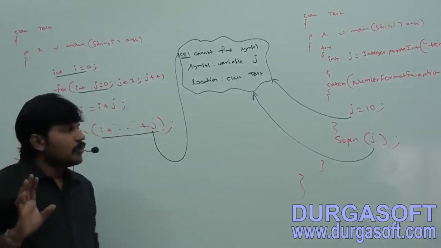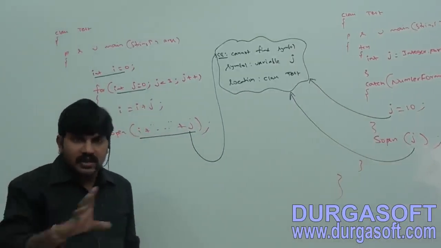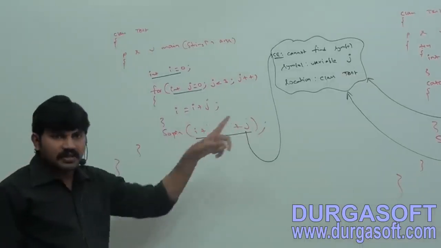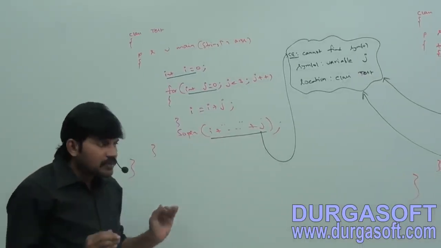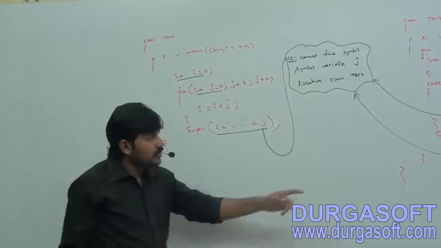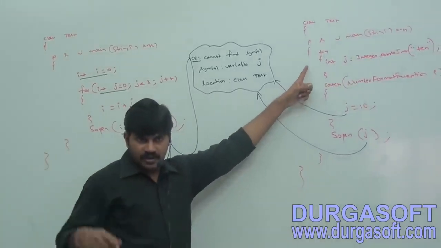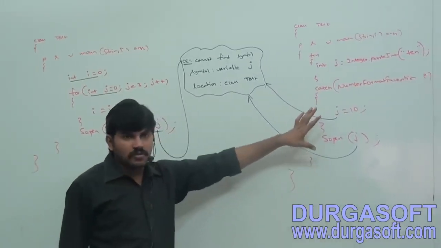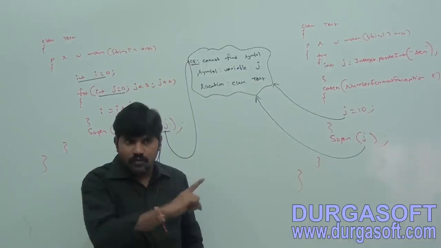Related to scope, local variables are a bit dangerous, take special care. I hope you people are aware, right? Sometimes it is available, sometimes not available. This question is there in our SCJP practice book also. There is a compulsory possibility of being asked in the exam related to the scope of local variables, right?